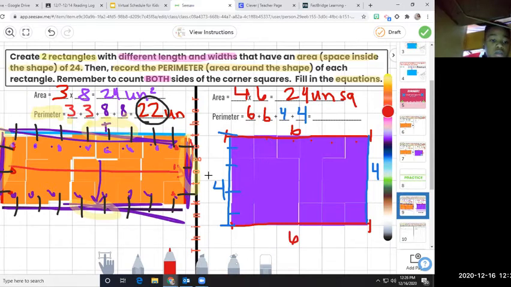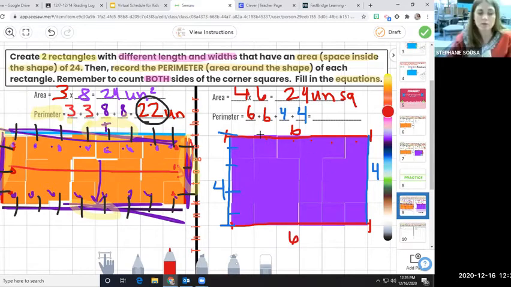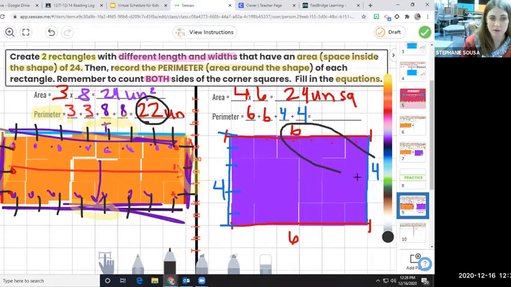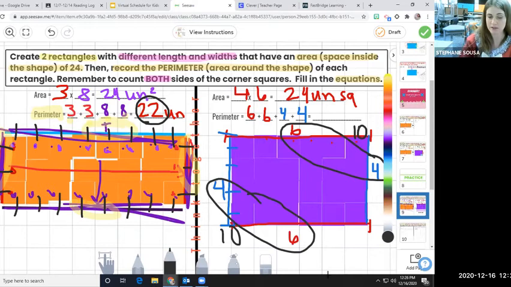Okay. All right, so now we're going to add. I know that 6 and 4 make 10. So I already know that these 2 sides together is going to be 10, and these 2 sides together is going to be 10. 10 plus 10 is 20. So my perimeter is 20 units.